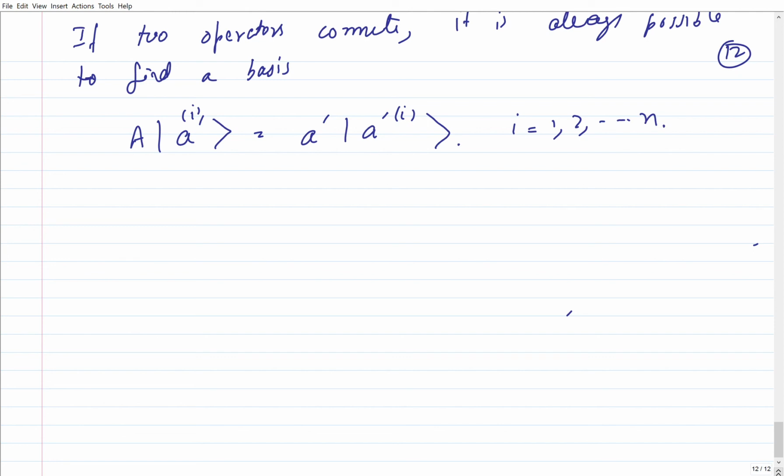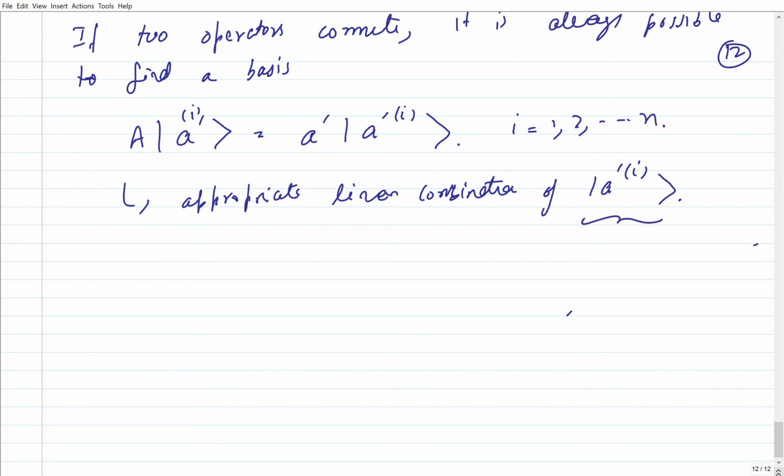So the deal is that by taking appropriate linear combinations within the degenerate subspace, which has all the eigenvectors with the same eigenvalue, I can find a basis such that B is diagonal in that particular basis.